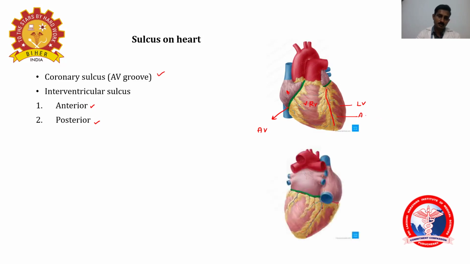Here we are seeing from the back. We can see the coronary sulcus almost encircling the heart, dividing it into an upper part, the atrium, and a lower part, the ventricle. The same interventricular sulcus extends to the posterior part, called the posterior part of the IV groove. The IV groove, or interventricular sulcus, has an anterior part and a posterior part.